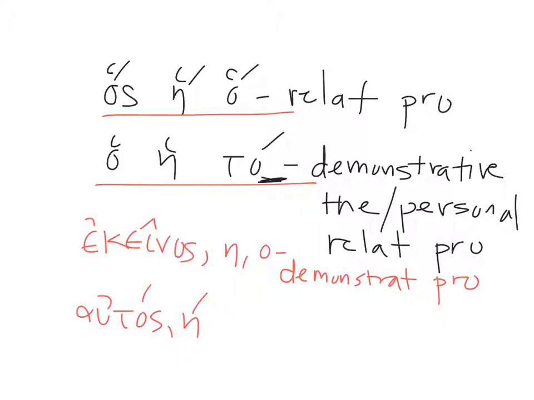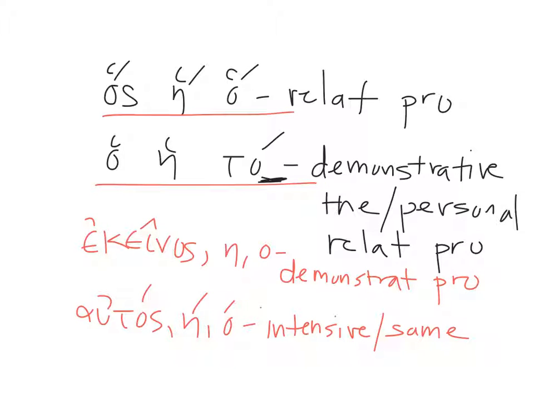Autos, aute, auto. That can be used as an intensive pronoun. That very girl that you were speaking about. The self-same it can refer to. It can mean itself, herself, himself, and it can be translated as the adjective the same.